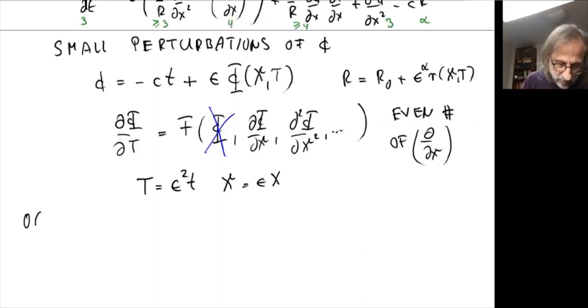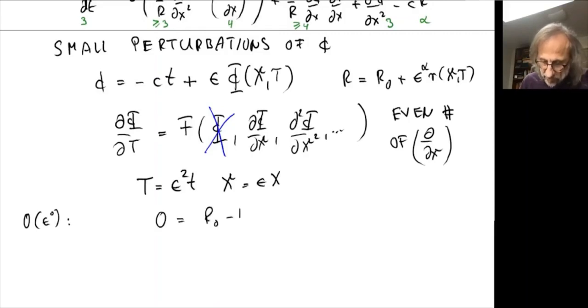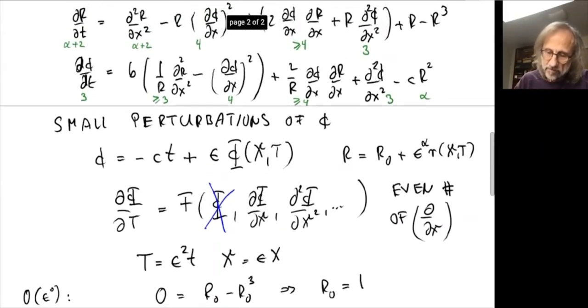Order epsilon to the 0th: we get 0 is equal to R0 minus R0 cubed, and therefore R0 is simply 1. Well, R0 could be 0, but that's not an interesting solution. So R0 is 1. That's what we get from here. And from the phase equation, there's nothing there at order 1. Okay, we move right on.